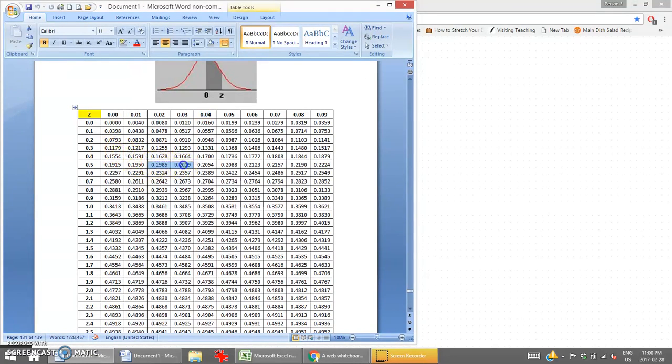These ones here are close. This one is slightly closer to 0.2, at 0.2019, so we're going to use a z value of 0.52.